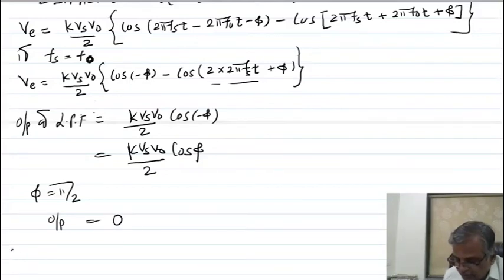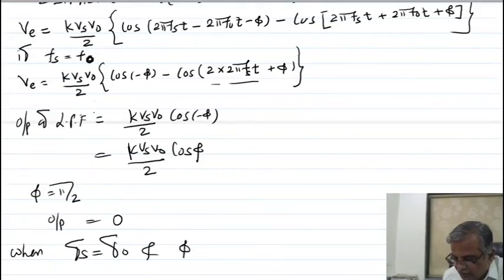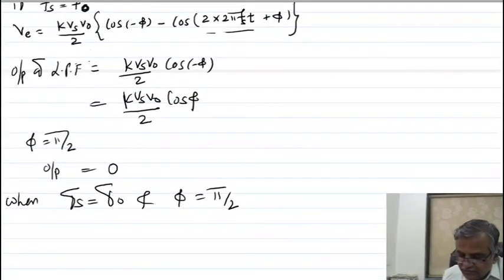This shows that when input frequency Fs is equal to Fo and the phase is pi by 2, the output of the low pass filter is 0 and the PLL obtains the perfect lock.